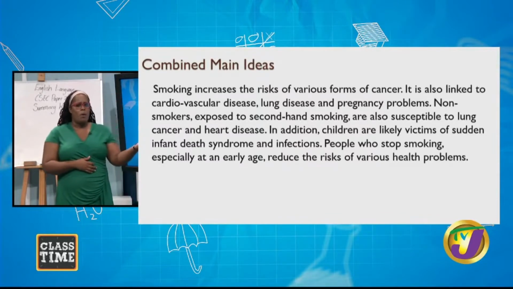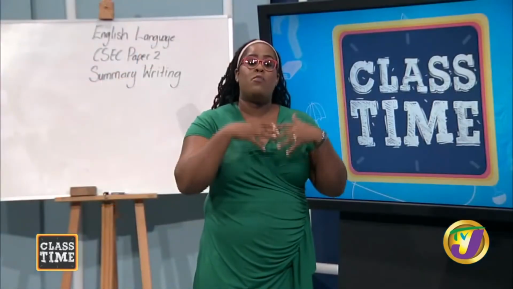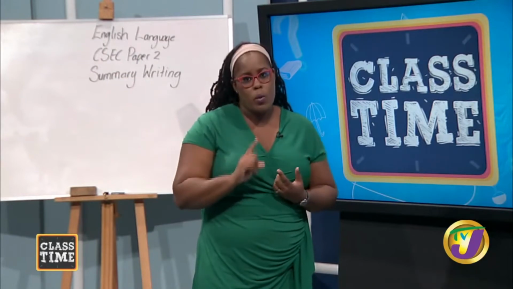When we put the combined main ideas and the original extract together, we will see that they express the same idea as the original extract, and that is what we want.